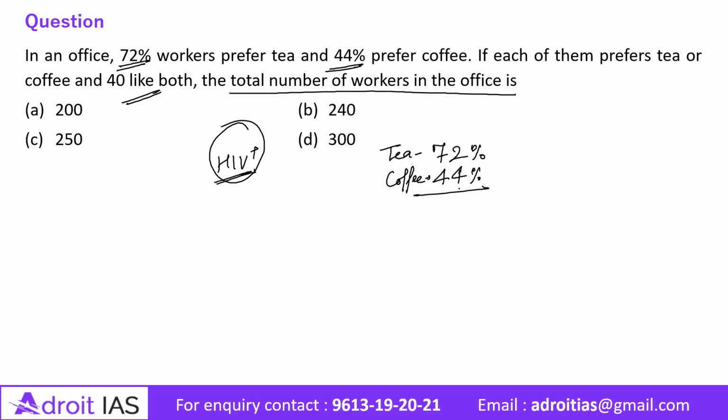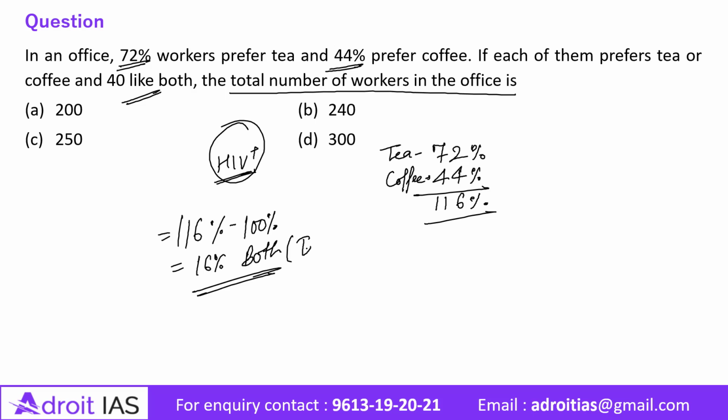So just add them. This is 72 and this is 44, so 116% total are there, but the total we have is only 100%. So 100% will be subtracted from 116%, and we'll be getting 16% are liking both tea and coffee.